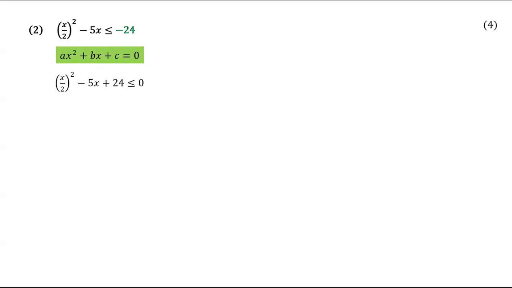Now, the problem is breaking that bracket. To break that bracket, you will distribute the exponents inside the bracket. The exponent of x is 1. The exponent of 2 is also 1. So both will be multiplied by that 2. So 1 times 2 will give us x squared. 1 times 2 will give us 2 to the exponent of 2, which is 4.